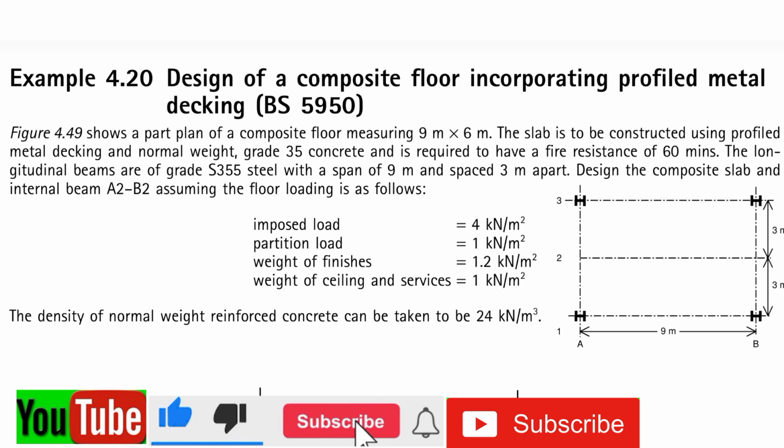The imposed load is 4 kilonewtons per square meter, partition load 1 kilonewton per square meter, weight of finishes 1.2 kilonewton per square meter, weight of ceiling and services is equal to 1 kilonewton per square meter. The density of normal weight reinforced concrete is 24 kilonewton per cubic meter.